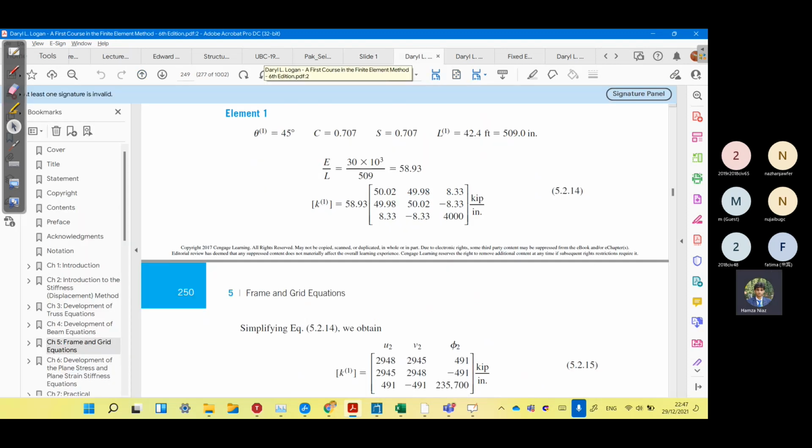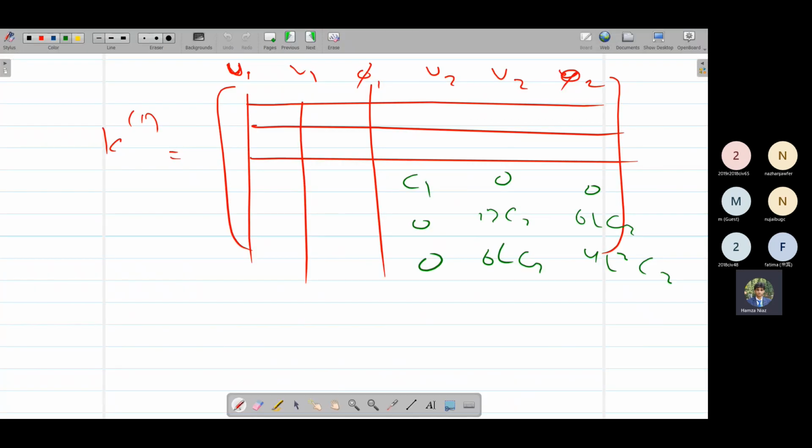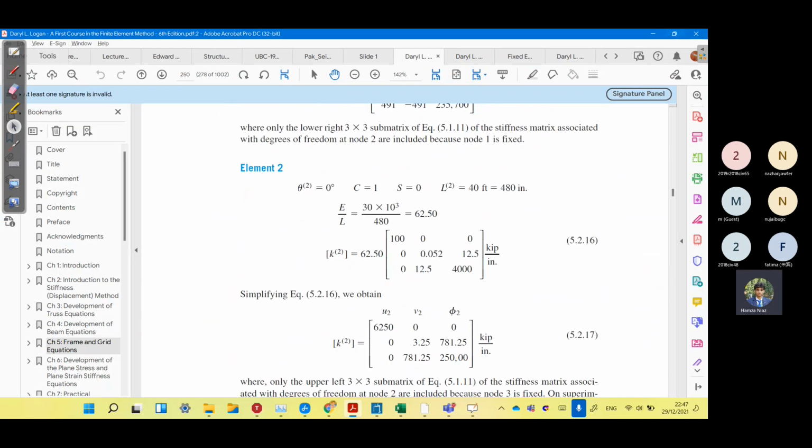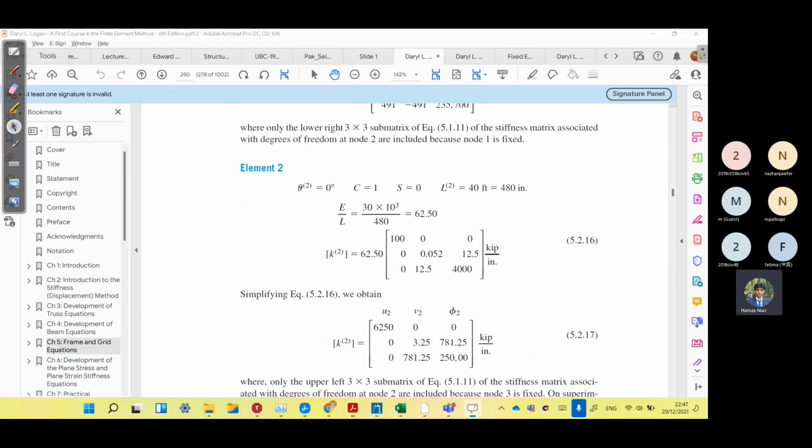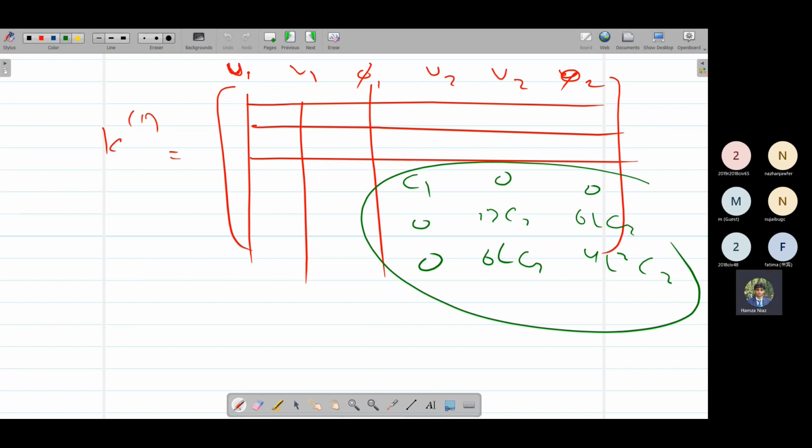The second one we have to memorize. This one we have to memorize. So for element 2, this was for element 2. I forgot that element 1 was acting at an angle, so we have to use the transformed stiffness matrix for that one. This one is untransformed.